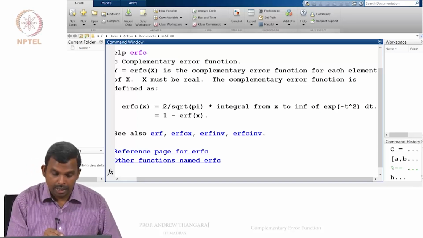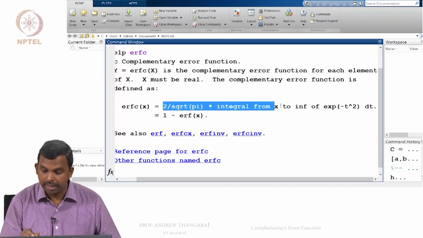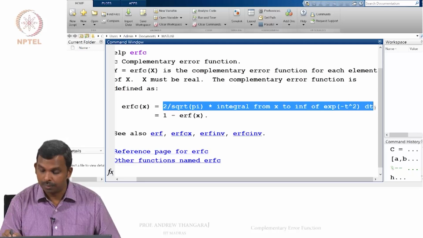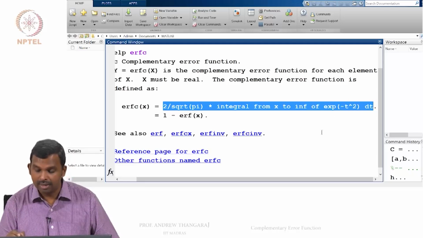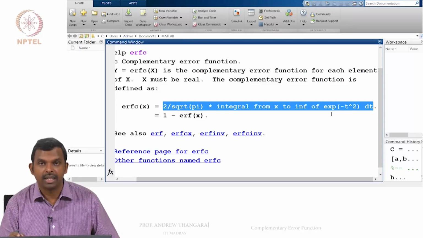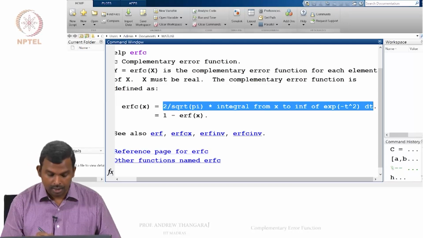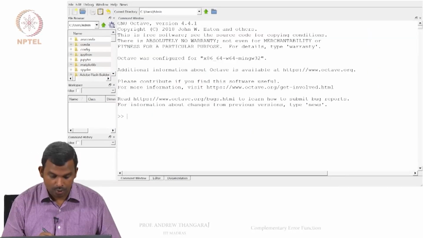It is 2 by square root of pi integral from x to infinity of this. Okay. So, this you can see is sort of similar. So, let me write it on the other page and we will see how to manipulate one to get the other. It is quite straightforward. I will show how to do that.